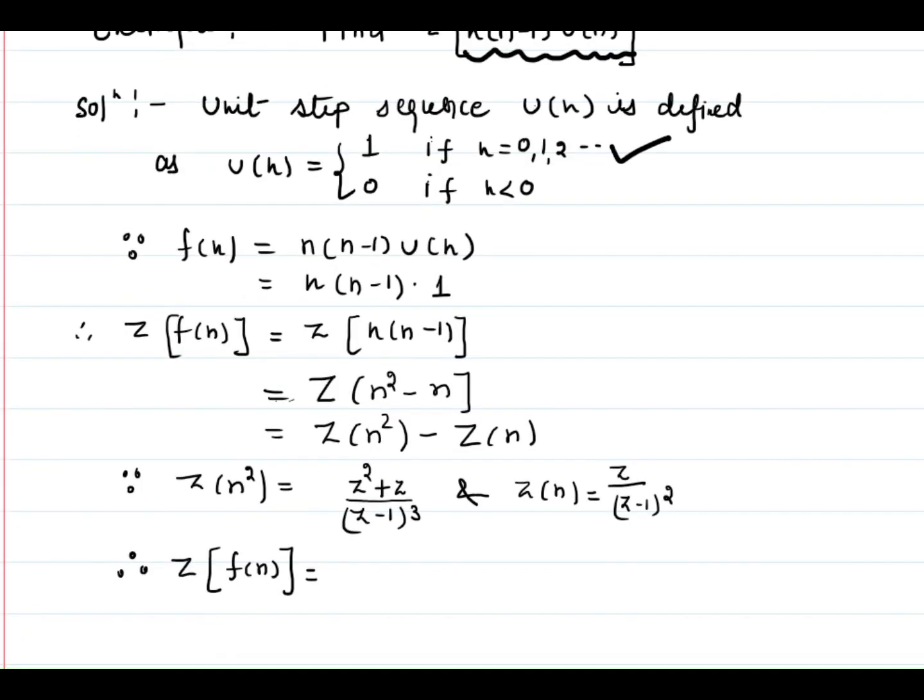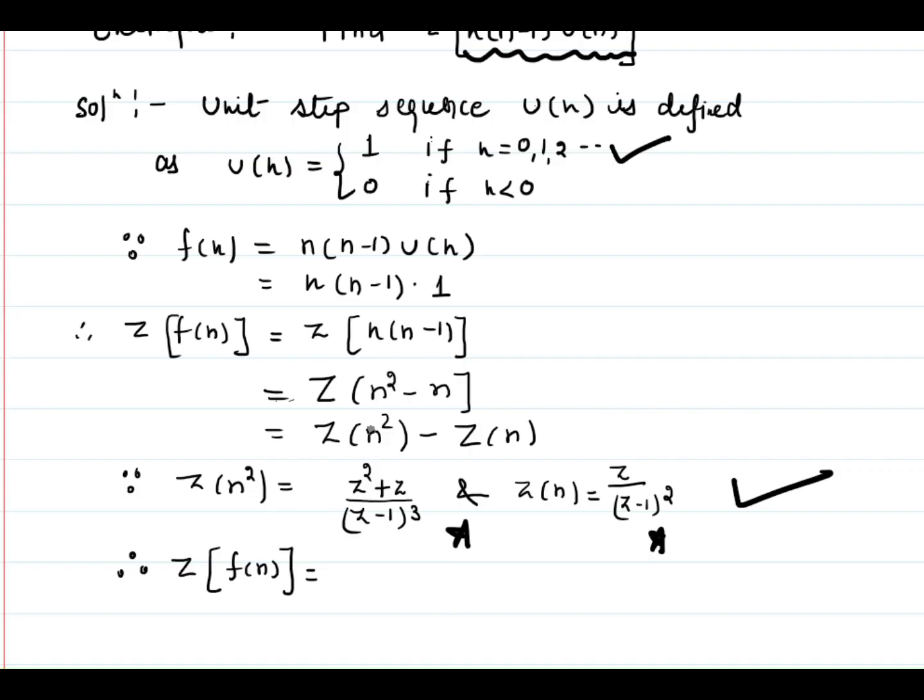So you have the z transform of n square. We know this is the formula: z of n square is defined as z square plus z upon z minus 1 the cube. Similarly, z of n is z upon z minus 1 the square. So we have these two formulae. Now put these formulae in this to find the result.